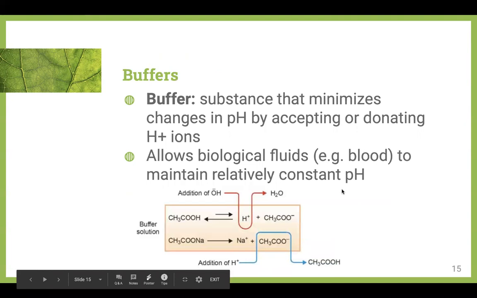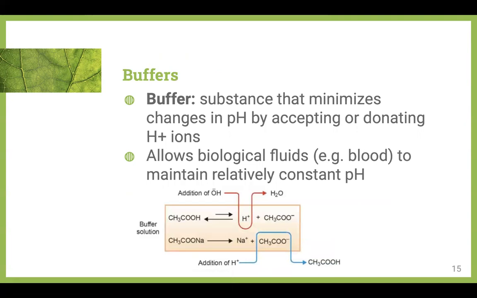And lastly, buffers are substances that minimize changes in pH by accepting or donating hydrogen ions. And buffers are extremely important because they allow biological fluids such as blood to maintain a relatively constant pH and allows us to live.